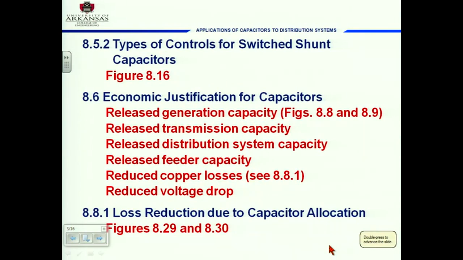The economic benefit of distributed generation could be released generation capacity, but that probably is not so. But probably released transmission capacity and released distribution system capacity. Those are the reasons why distributed generation is used, because now the power doesn't have to come from your source.